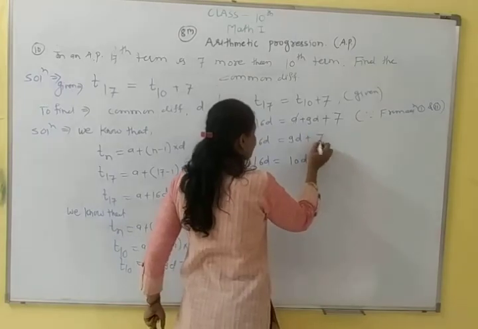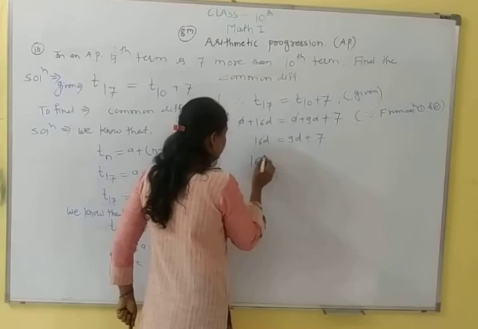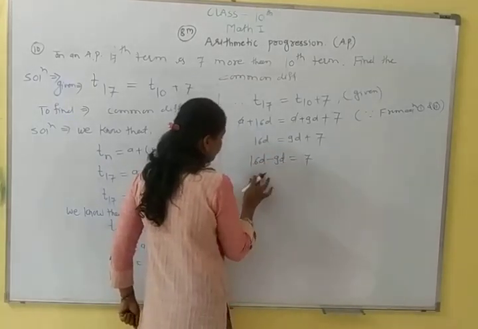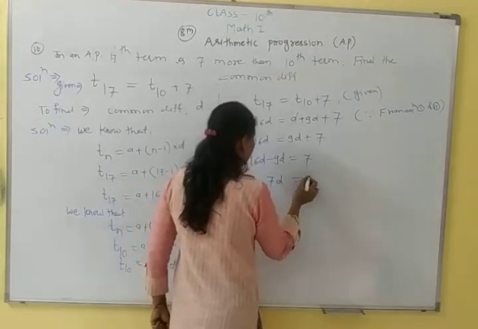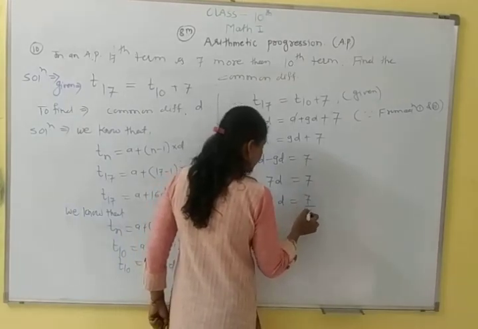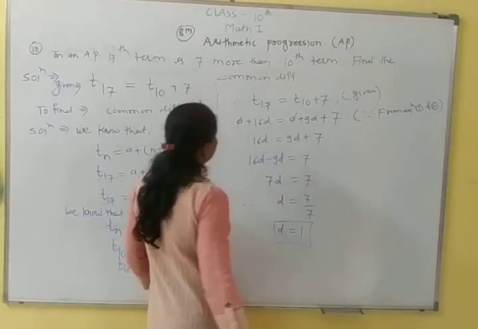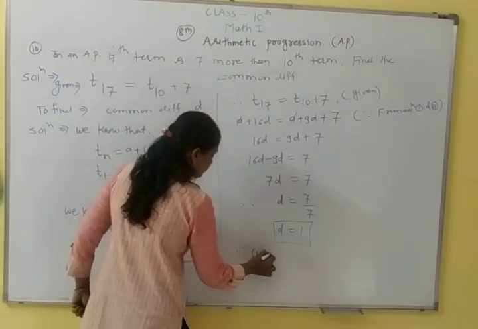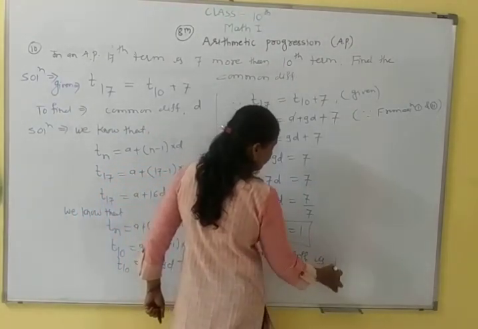So 16D equal to 9D plus 7, and 16D minus 9D equal to 7. 16 minus 9 is 7, so 7D equal to 7, and therefore D equal to 7 upon 7, D equal to 1. Here the common difference is 1.